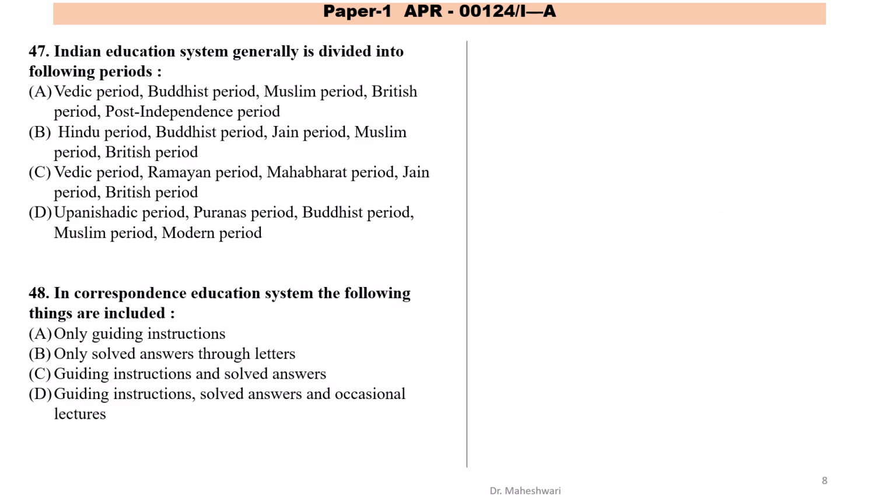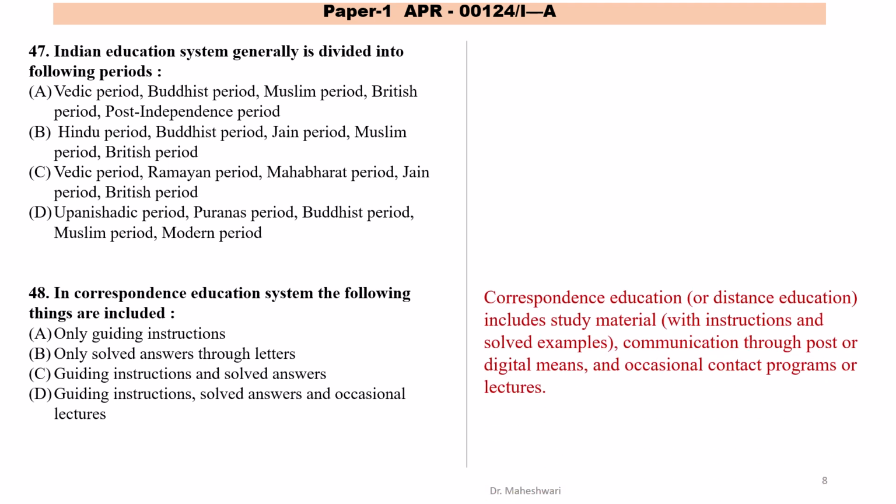Next is, Indian education system generally is divided into the following periods. Basically they are talking about the education system in India from prehistoric to British period. Let us see what is the correct option for this.